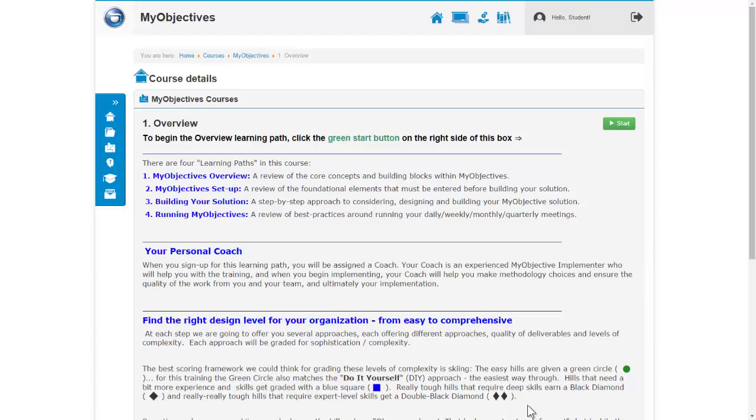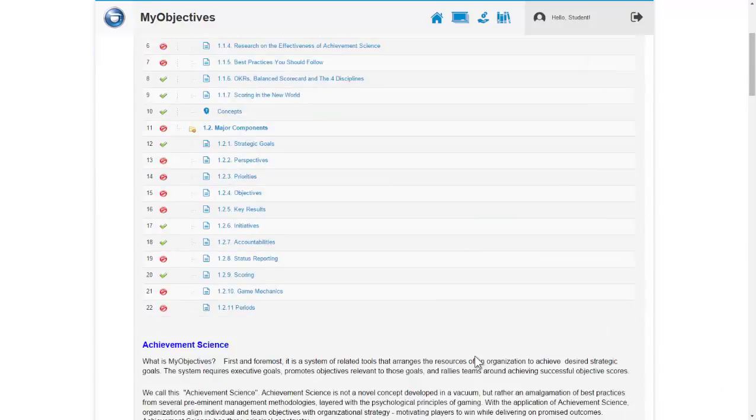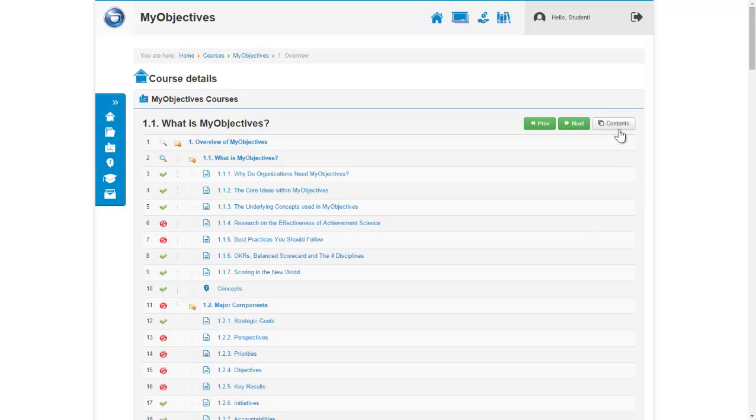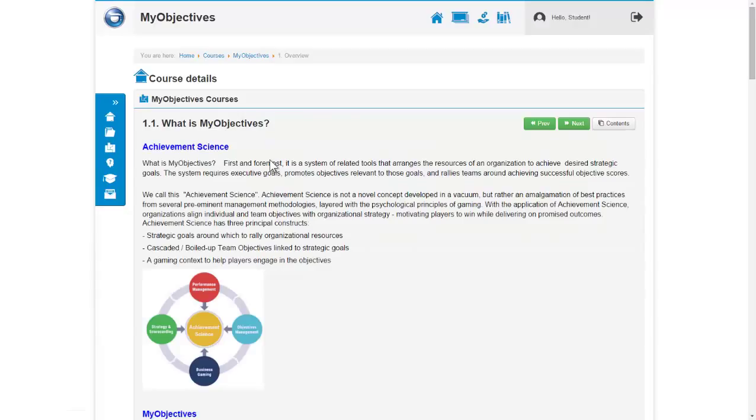The methodology takes you through different frameworks and tool sets, and you can use the appropriate tool set for your organization's culture and capabilities. Each of the 4 sections is comprehensive and provides you with a series of articles, advanced readings, videos, and embedded tools to allow you to complete your implementation.